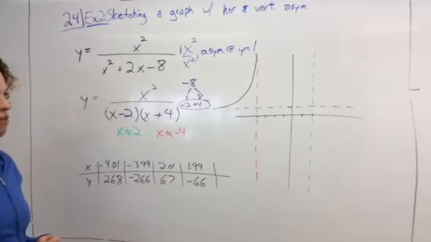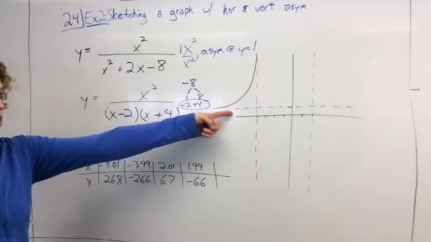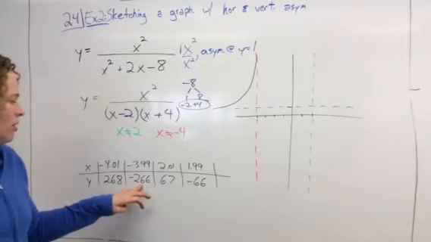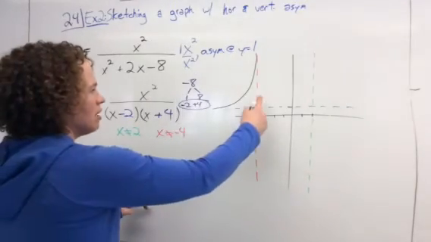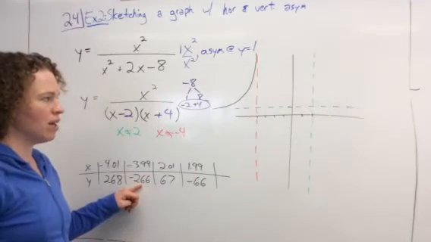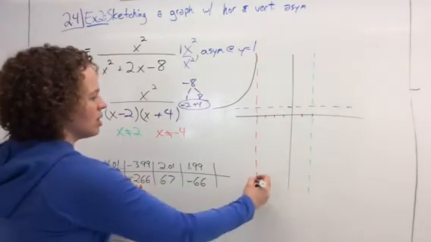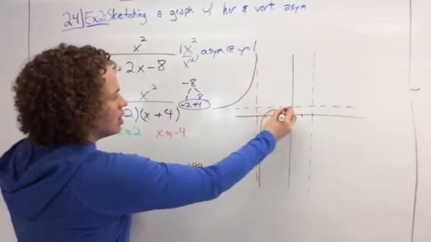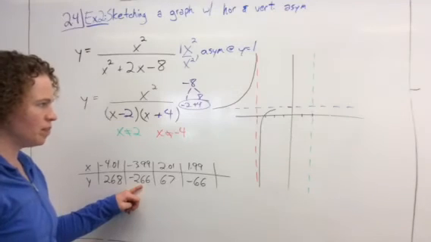So I've tested that value. I know it can't touch my asymptote here, so it has to do this. There's no other option. If I go to negative 3.99, which is on this side, I can see that this is a really big negative value, which means that this one is going to have to be coming up from the negatives and approaching and then turning here.